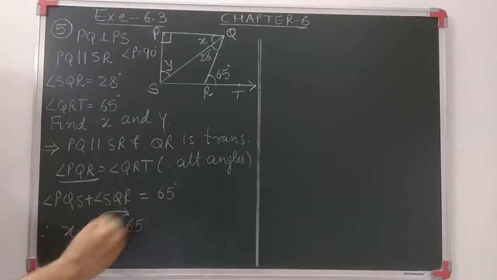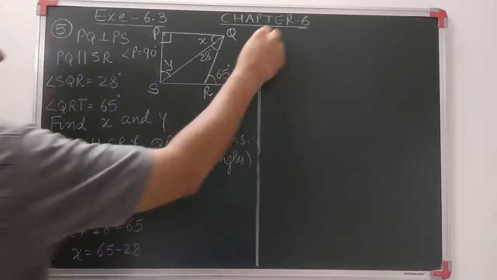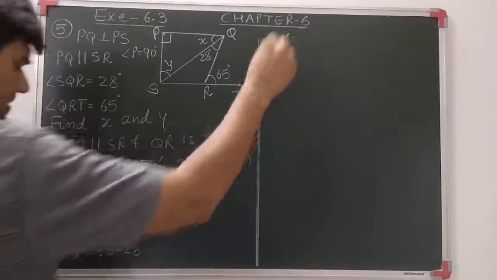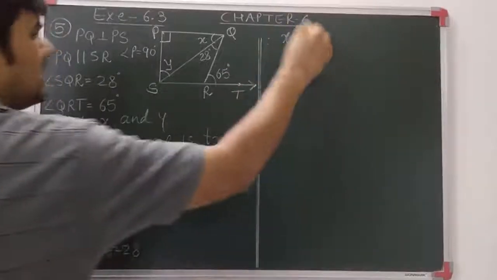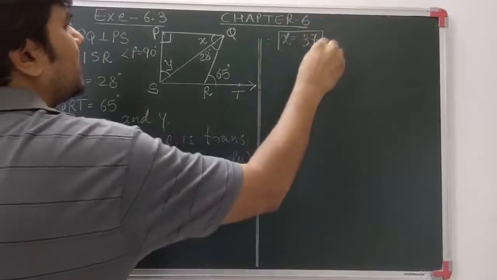So let us take this 28 to the right hand side. So X is equal to 65 minus 28 degrees. X is equal to 37. This is the value of X that we obtain.